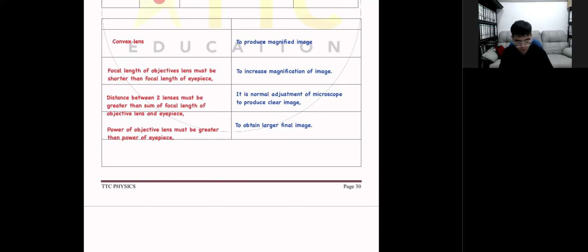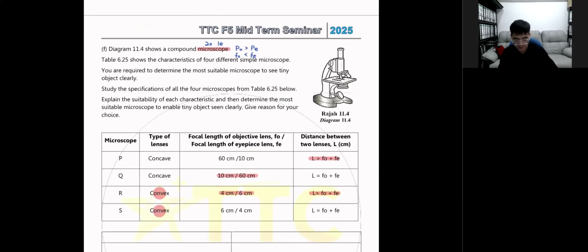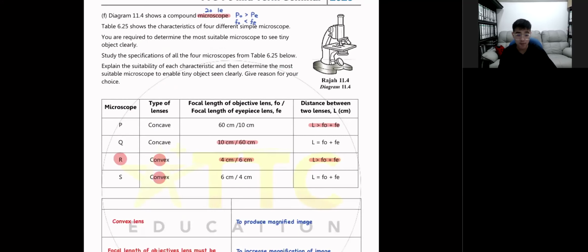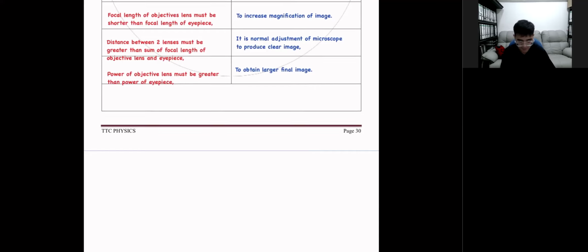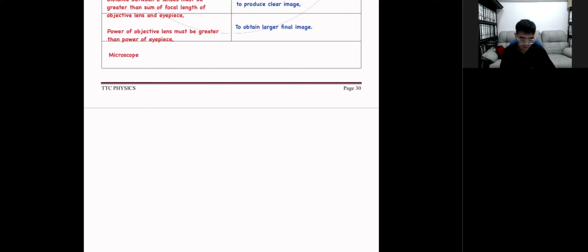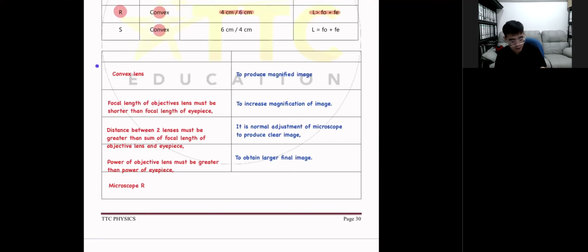Right, then the last one. So you go and choose which microscope is the best. Over here, microscope R. So go home and explain again. Why do you choose microscope R? Like I said, very simple. It's because of all the good characteristics again. I just repeat: because microscope R uses convex lenses.